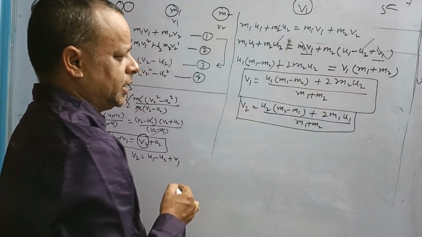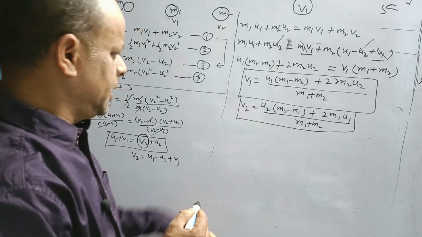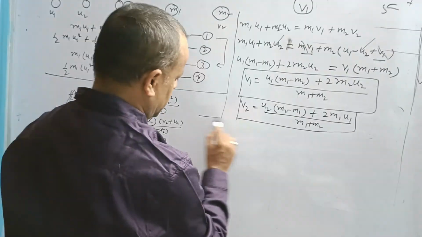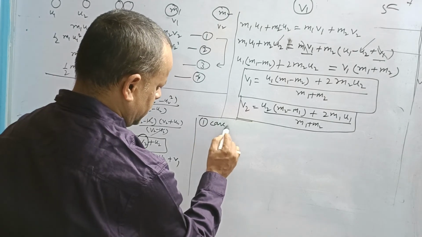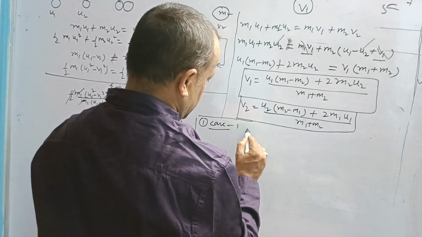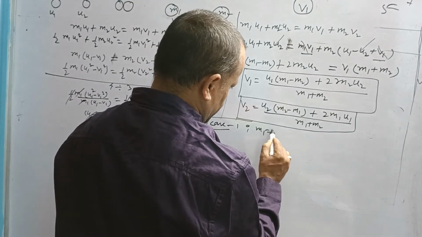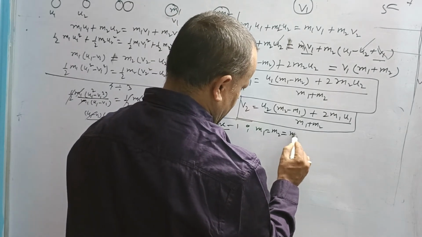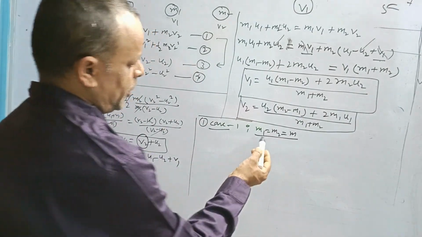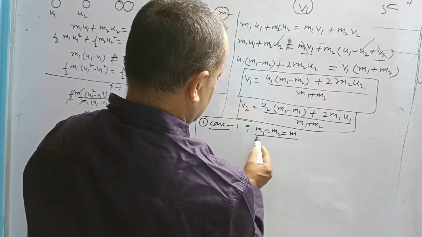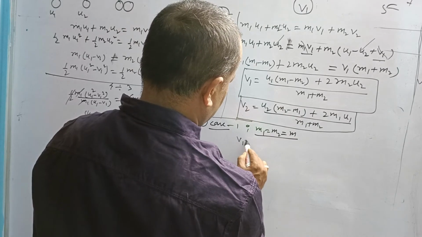See what happens in this case. There are a few special cases we need to remember. Let us suppose this is case 1. Let us suppose M1 is equal to M2 is equal to M. It is the case of elastic collision. V1 will be equivalent to what?